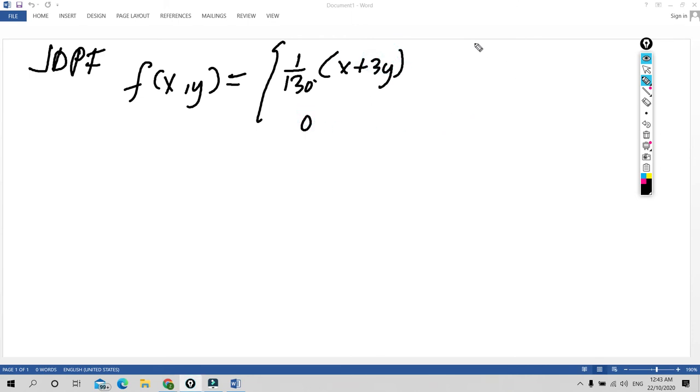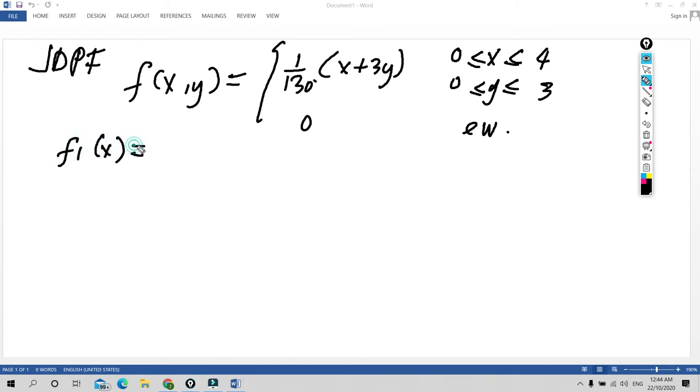Here x is between 0 and 4 and y is between 0 and 3, 0 elsewhere. Now I want to find the marginal probability function of x, MOX.